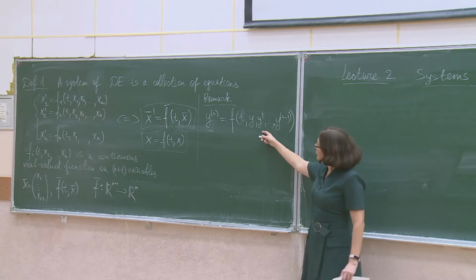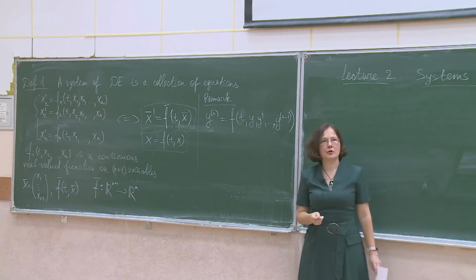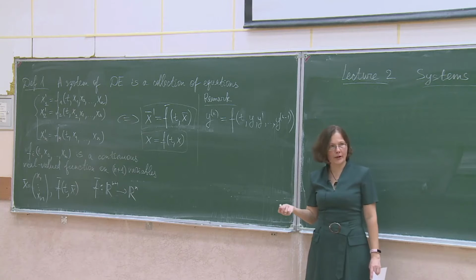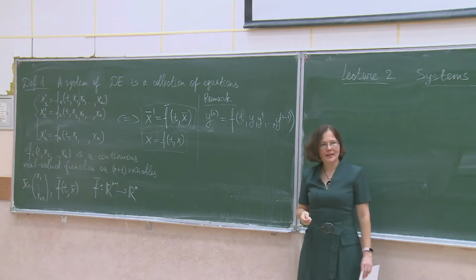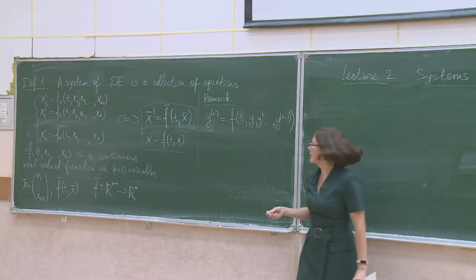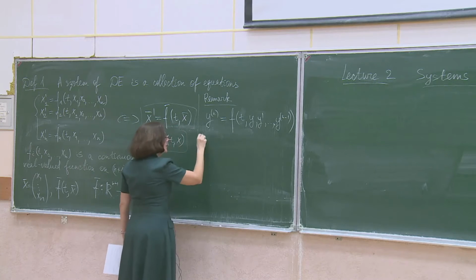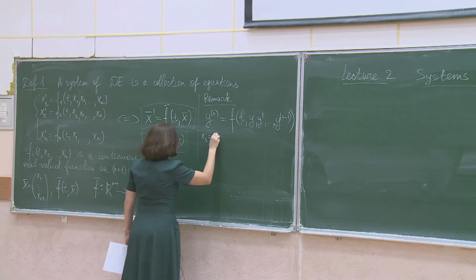How can we rewrite this equation as a system of differential equations of the first order? Is it possible? The answer is yes. We can introduce new variables. If we rename y by x1, so let x1 be equal to y.